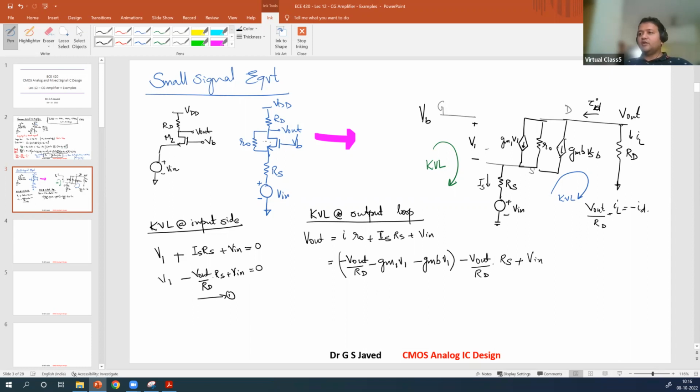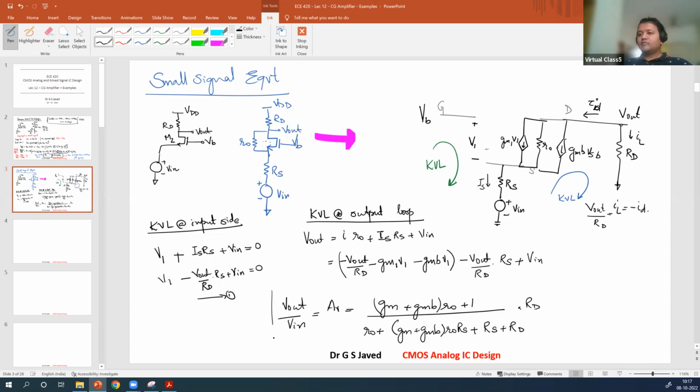So you have V out value, you have V1 value which you will substitute, then separate out the values, and finally you will get the expression V out by V in, the voltage gain, equal to (gm plus gmb) R0 plus 1, whole divided by R0 plus (gm plus gmb) R0 RS plus RS plus RD, whole multiplied by RD.